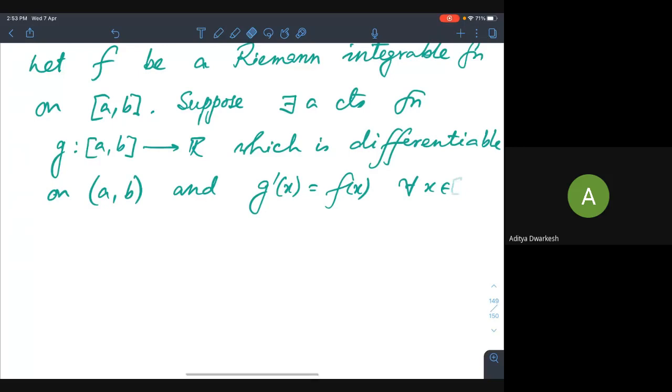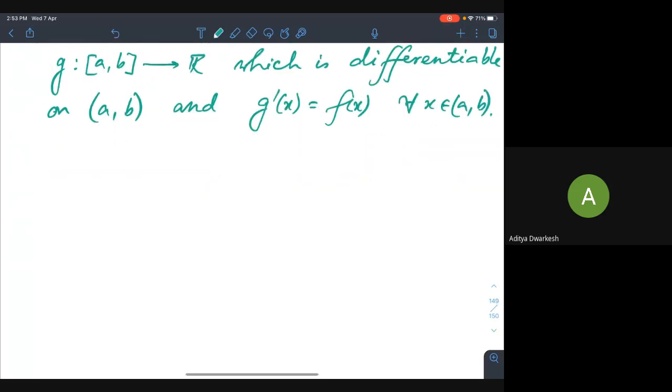Then the integration a to b f(x) dx is g(b) minus g(a).